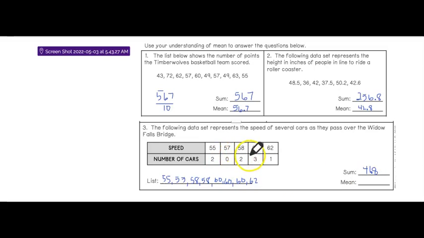And then you will divide that by 8, and you'll get 58.5 because there's 8 cars. And divide the total, 468 by 8, and you get 58.5 is the average speed.